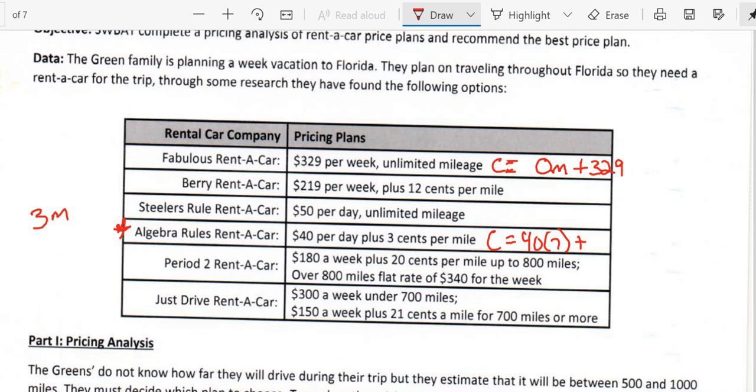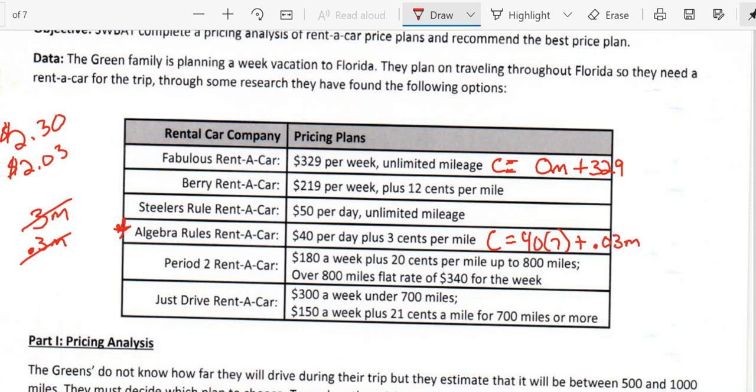Then we have students who'll do 0.3M. That's also wrong because 0.3 is 30 cents a mile. Think about $2.30 versus $2.03. For 3 cents a mile, it has to be 0.03.